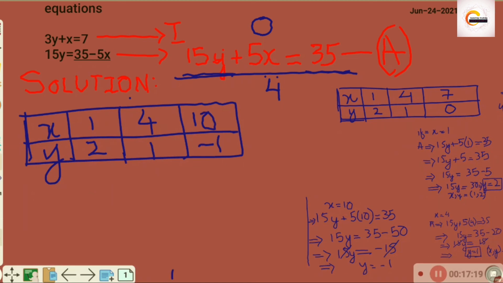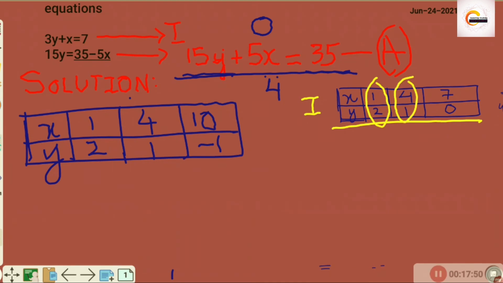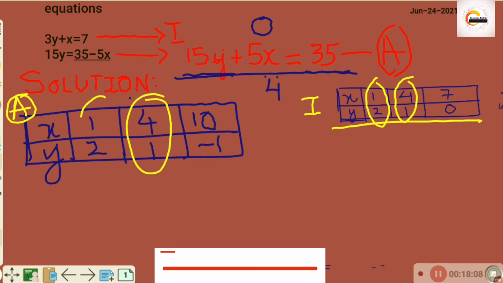Okay, so I have calculated and written all the 3 points on the table, but we can see one thing very clearly from this table: for equation 1, out of these 3 coordinates, we can see the coordinates 1 comma 2 and 4 comma 1, and for equation A, whose coordinates we have just calculated, it also has 2 common coordinates. See, 1 comma 2, 4 comma 1.